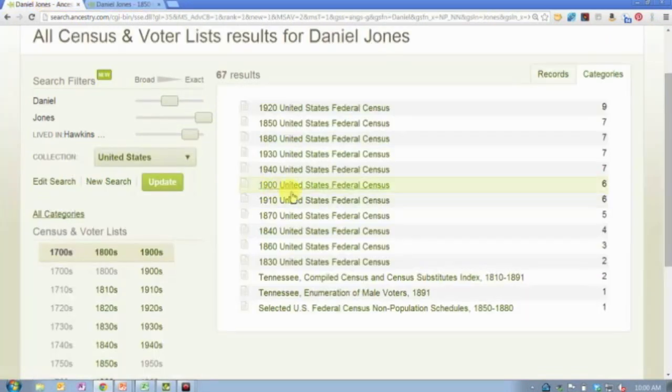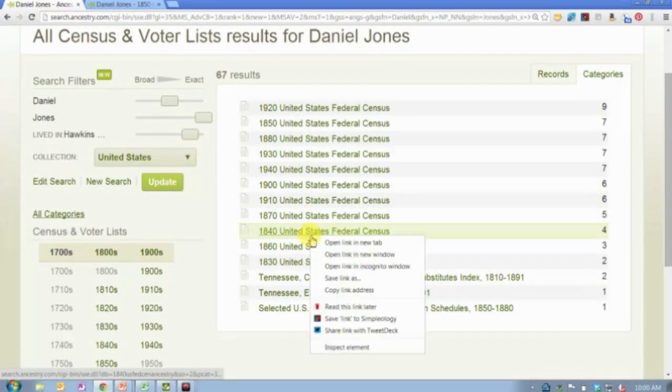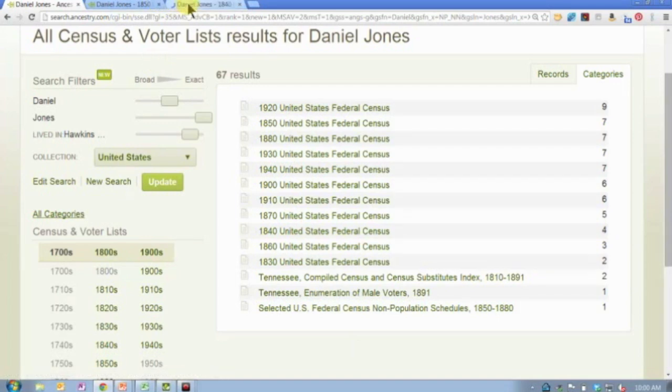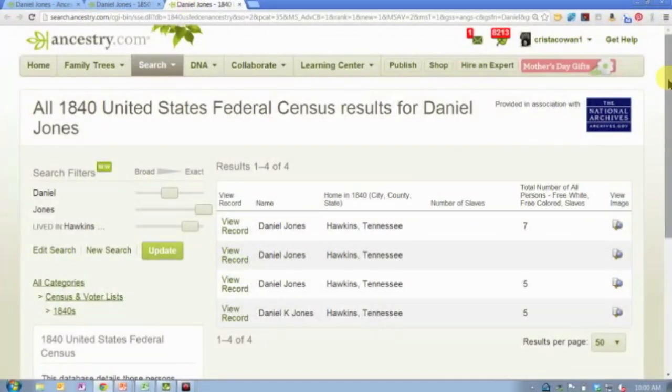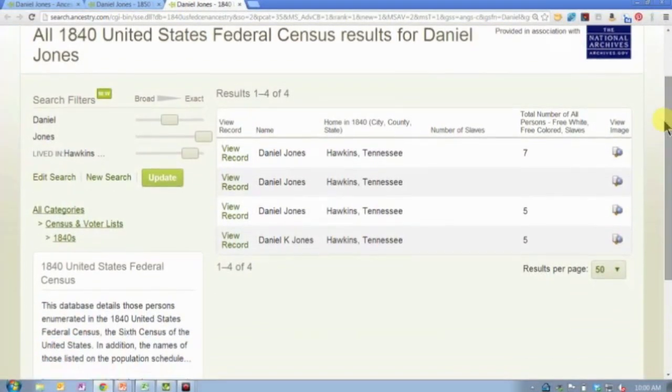Now, I will probably go and look at every single one of these census records so that I can sort through these men. Prior to 1850, the census records don't give you nearly as much information, okay? They're still valuable, though, because we can see that the only Daniel Jones listed in 1840 are all living in Hawkins County, Tennessee. Even though I've asked to see adjacent counties, it looks like there weren't any living in adjacent counties.